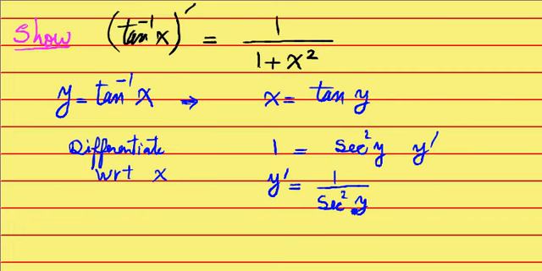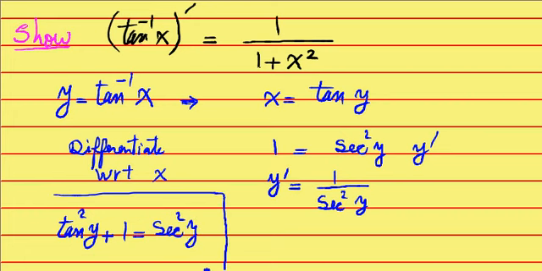Next step, again, I encourage you to stop this and figure out how to write secant squared of y in terms of x. That's going to finalize the formula for you. What was the connection that you had between secant and tangent? Here's one of the Pythagorean formulas we had: tangent squared of y plus 1 is equal to secant squared of y.